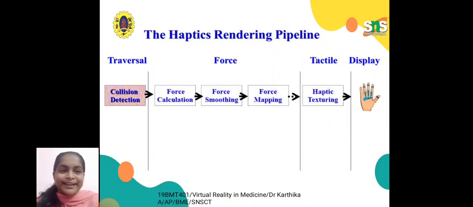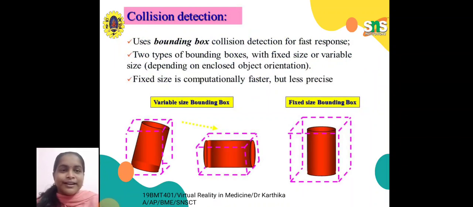This is stage 1. First, we are going to discuss collision detection in virtual reality. To detect the collision, we use bounding box collision detection for fast response. Here we use two types of bounding boxes, with fixed size or variable size, depending upon the enclosed object orientation.